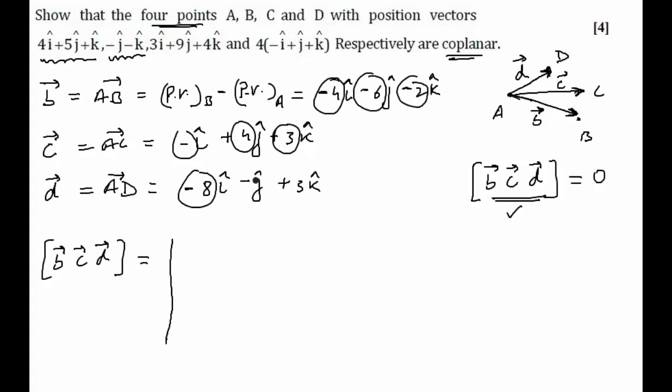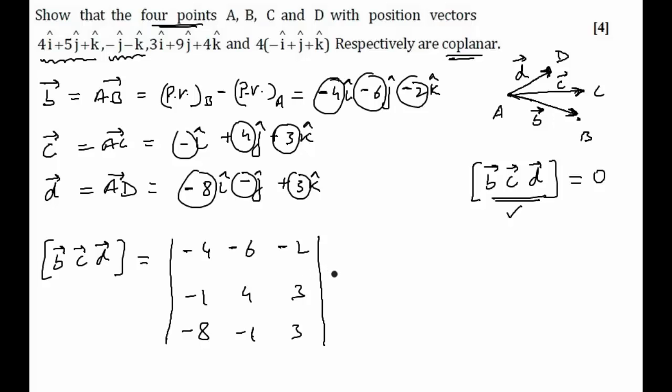Third row will be minus 8, minus 1 and 3, right? So I will get my determinant as minus 4, minus 6, minus 2, minus 1, 4, 3, minus 8, minus 1 and 3, right? So either you can apply some properties of determinant to solve this, or since all these are numbers, we will not take much time to solve and calculate.